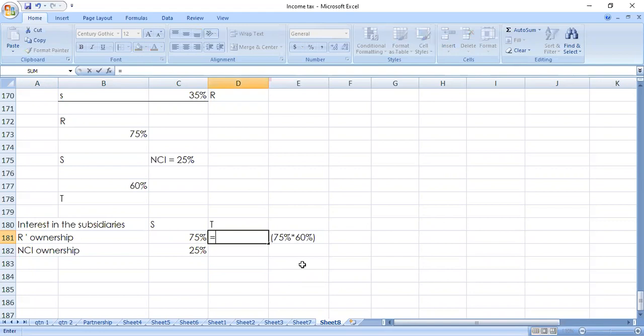Okay, that's what he has. 75% times 60%. Okay, so you have 45%. Okay, then for the NCI, you can choose to think about it, which I will help you to, but otherwise you can just say it's the balance to make the 100, which is 55%. Okay, balancing figure.